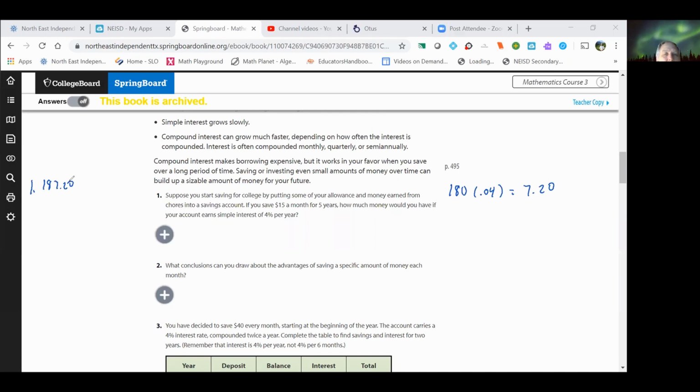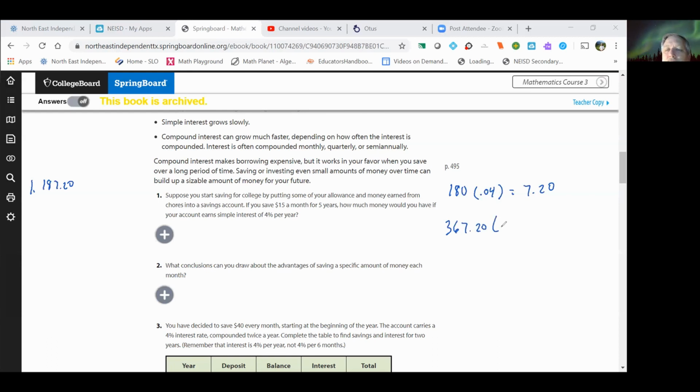At the end of year 2, I'm going to have that $187.20, plus the extra $180 that I put in, so I have $367.20 at the end of year 2.